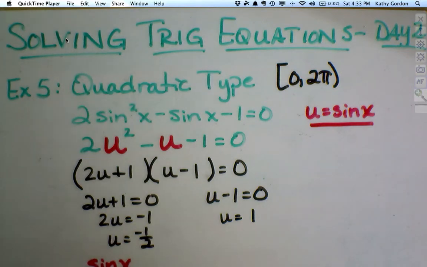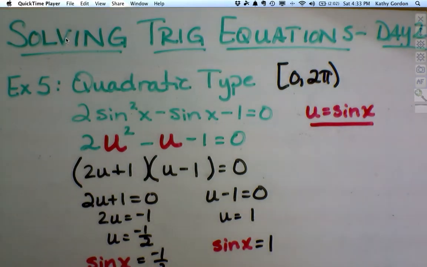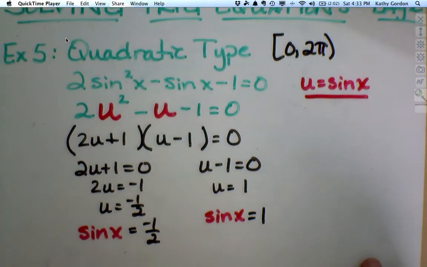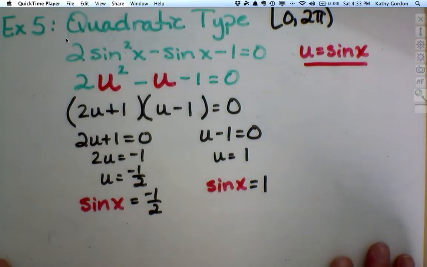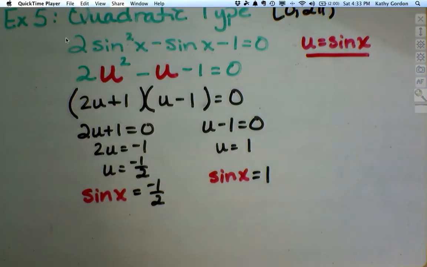So sine of x is going to equal negative 1/2, and sine of x is going to equal 1. Okay, move that back up here a little bit so we can see. Okay, so now I can solve for my x's.